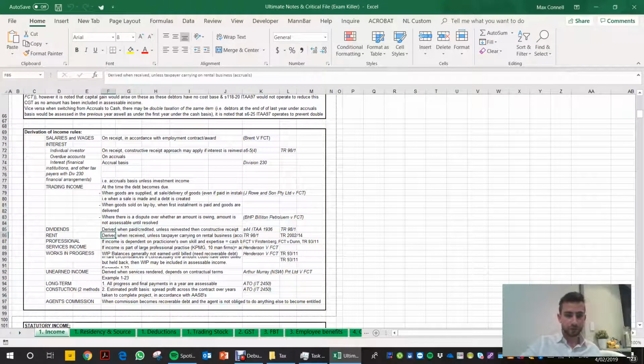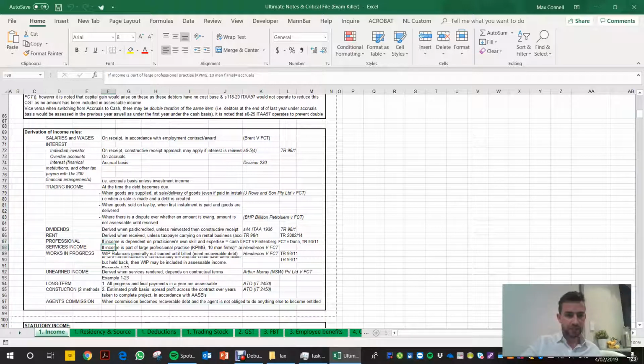Rent is when received, unless they're in the business of renting out properties, for example holiday homes. Then we go back to our first point up here: it's a business, so you need to be on an accruals basis. Professional services income is a tricky one, and it often comes up in those 10-mark quizzes.